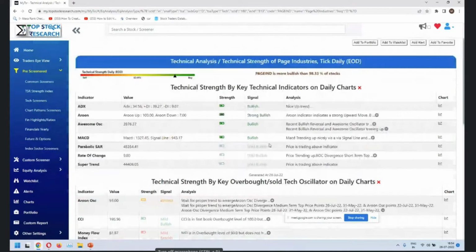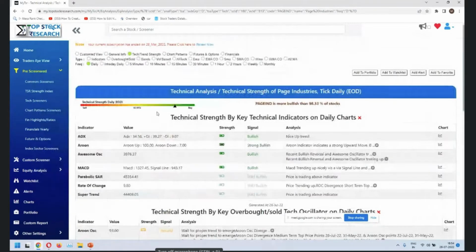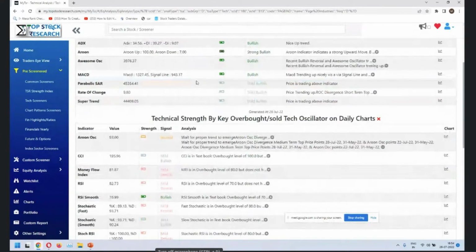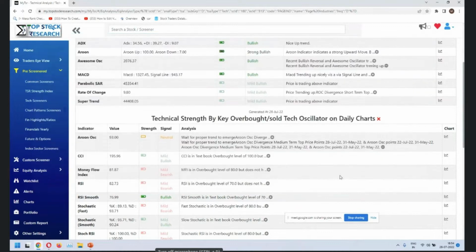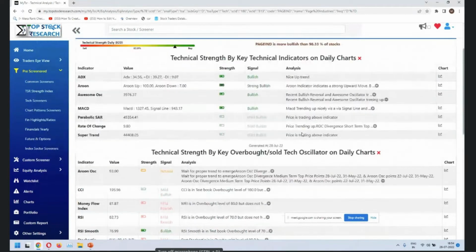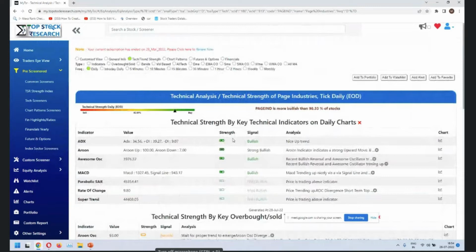So what we cover here is pretty deep technical analysis of stocks, not only the values, but their color coding and a brief interpretation of what it means. For example, this says that MACD is trending up nicely vis-a-vis the signal line. When you look at this, MACD is trending up pretty nicely, and the signal line is also trending up. So brief information about it is also mentioned over here.